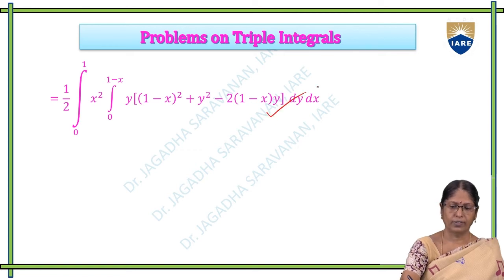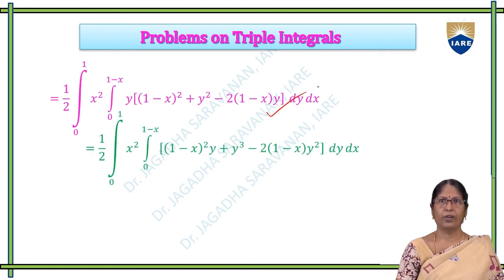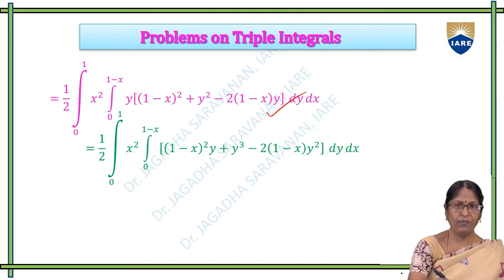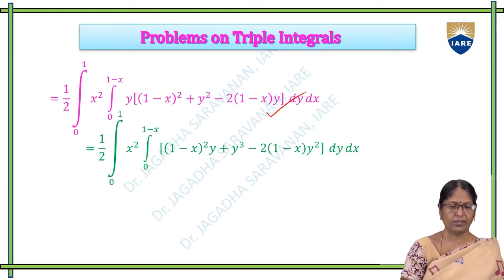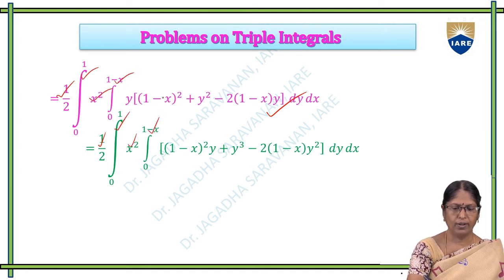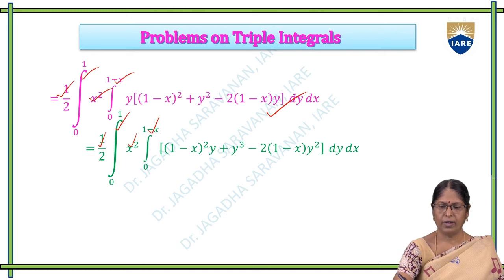So this is the last step. Now we can see the simplifications. First, where we didn't bring any changes, we will do the comparison with the previous step. Where I am putting the tick here, there is no change at all. Just we have written here dy dx.